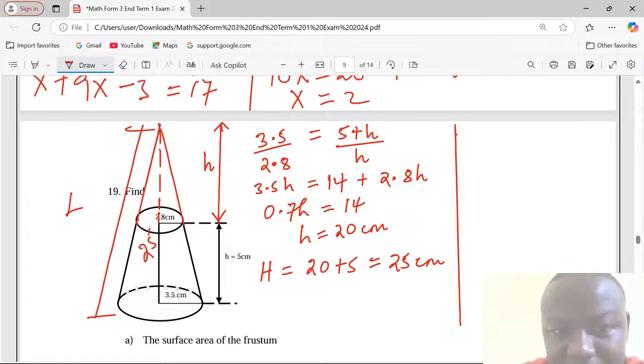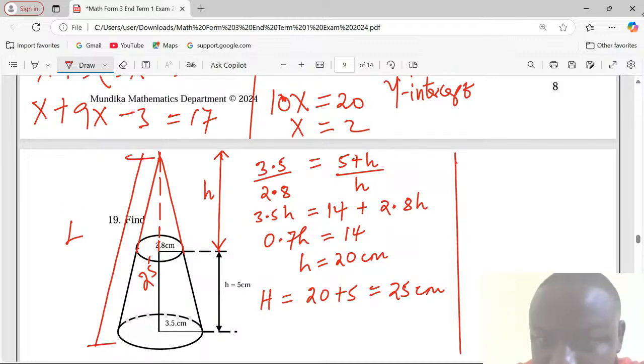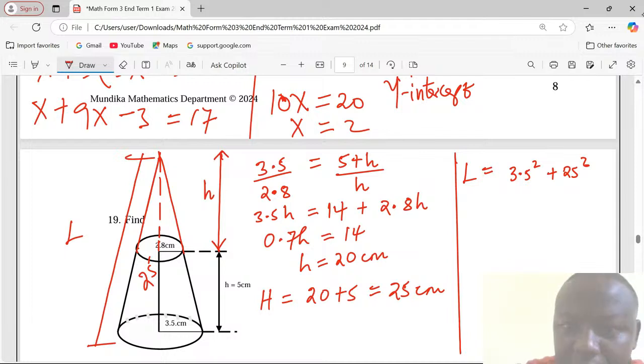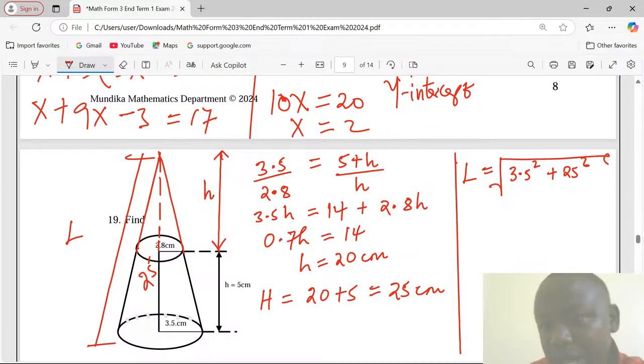Then we take 3.5 squared plus 25 squared, and we obtain the square root. I'm getting 25.24.